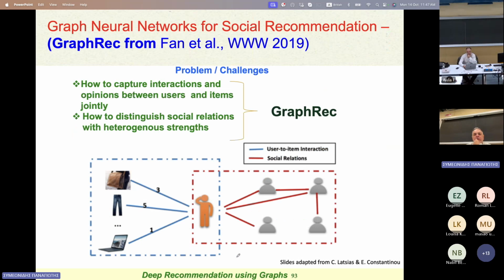Now about the third paper, GraphRec, presented in WWW 2019. Again, here we can see that we have social interactions between users and also the user item rating interactions.